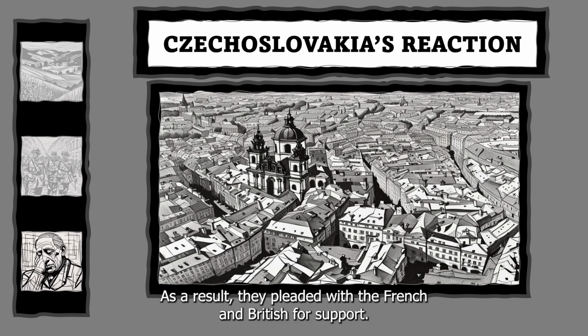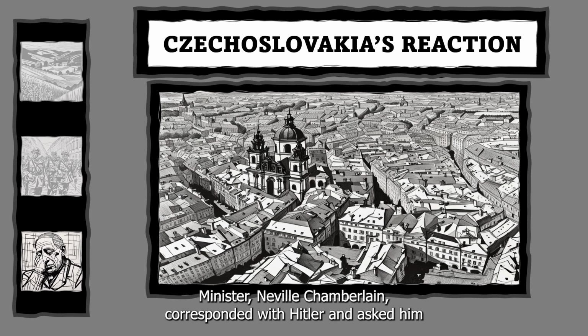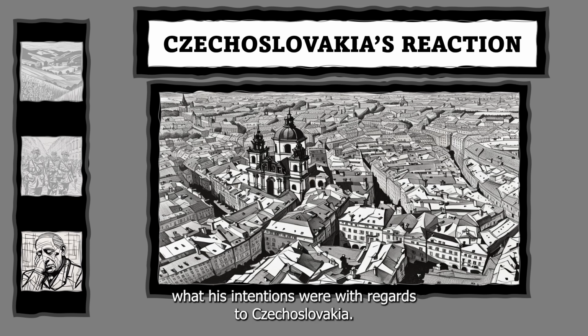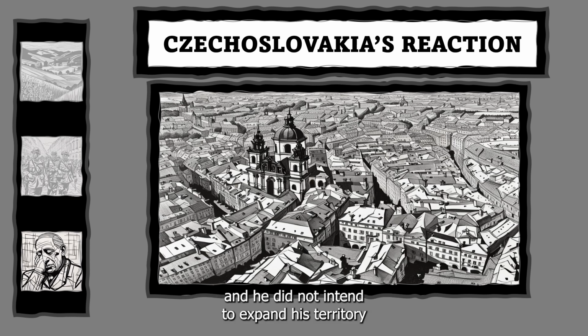As a result, they pleaded with the French and British for support. In response, the British Prime Minister Neville Chamberlain corresponded with Hitler and asked him what his intentions were with regards to Czechoslovakia. Of course, Hitler responded saying that there was nothing to worry about, and he did not intend to expand his territory any further.